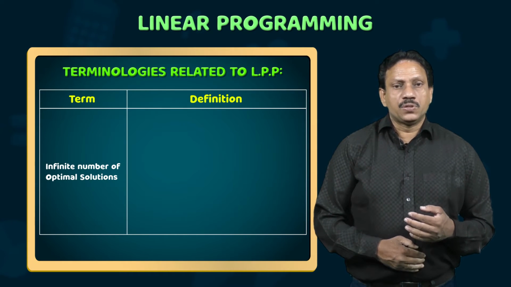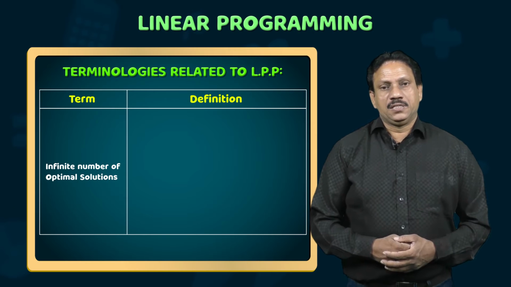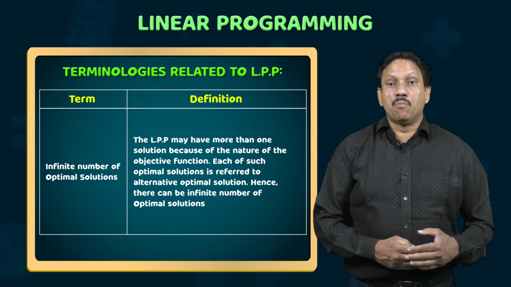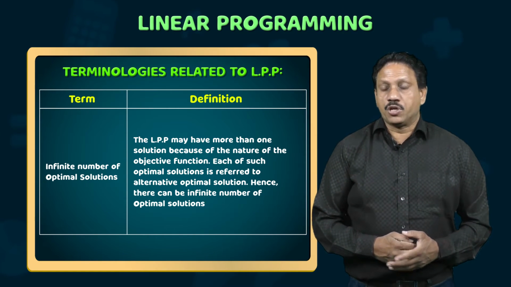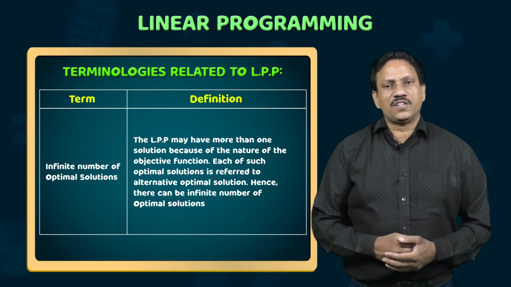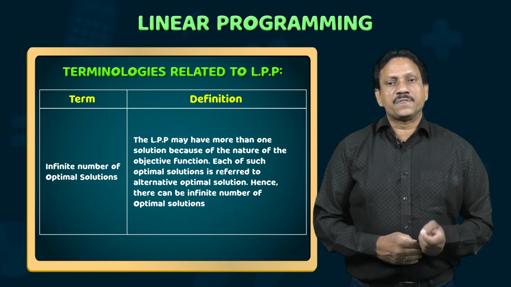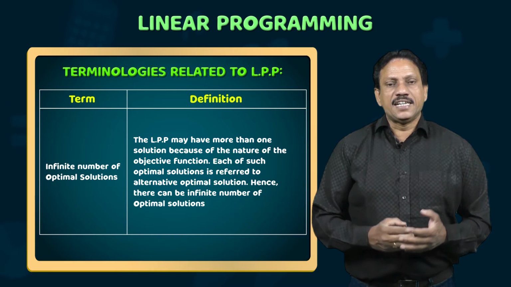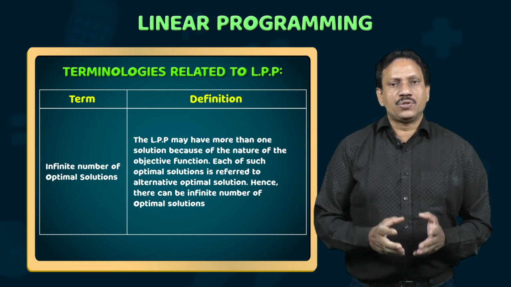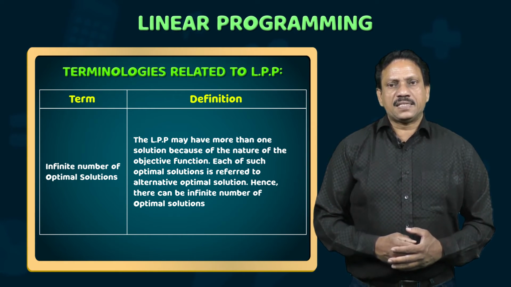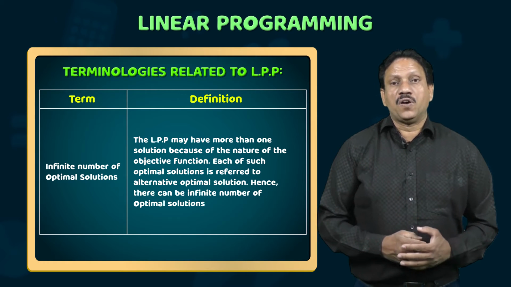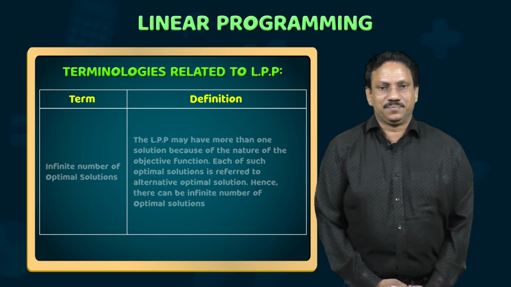Infinite number of optimal solutions. The LPP may have more than one solution because of the nature of the objective function. Each of such optimal solutions is referred to as an alternative optimal solution. Hence, there can be an infinite number of optimal solutions.